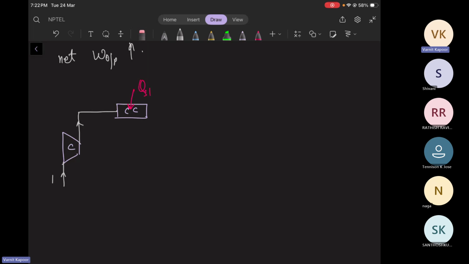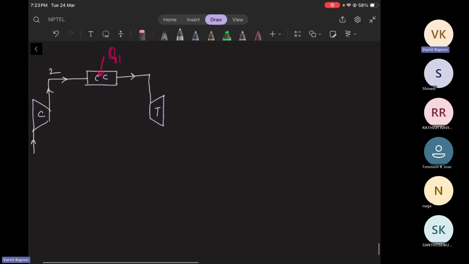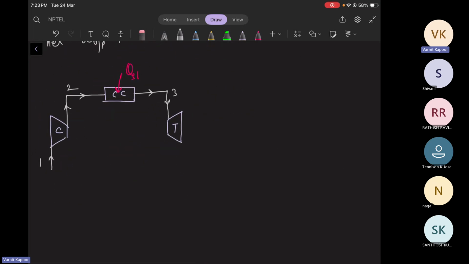So from 1 to 2, then this was taken out, and finally it was passed through the turbine. And this is your turbine number 1, because I'll do the expansion one more time. This will be the output 4. This again, this setup is connected to a shaft. Okay.